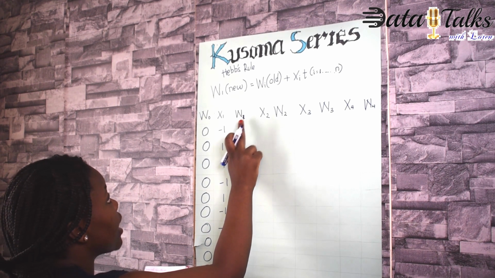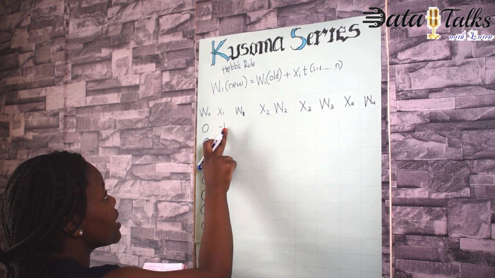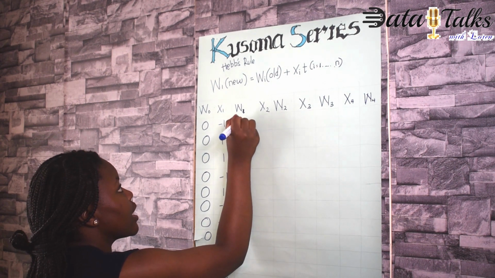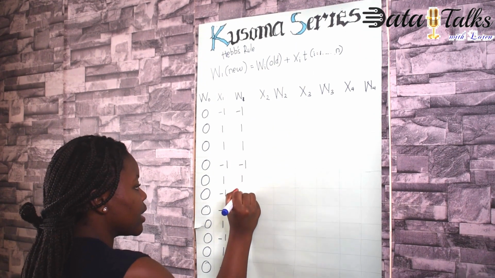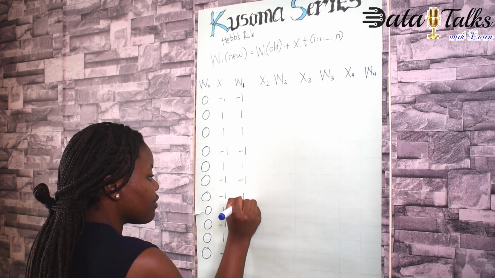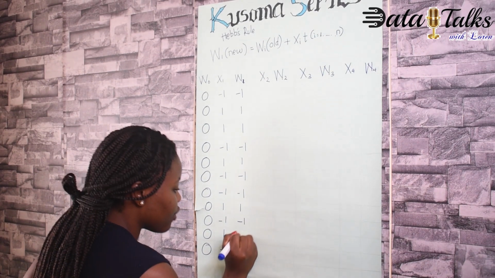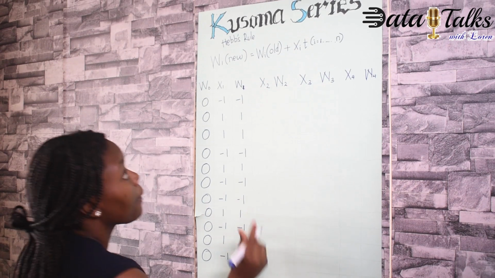So getting weight 1 would be weight plus x1, which is negative 1, 1, 1, negative 1, 1, negative 1, negative 1, 1, negative 1, 1, negative 1.